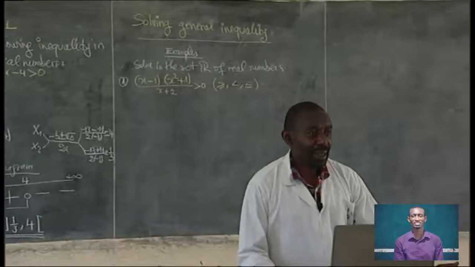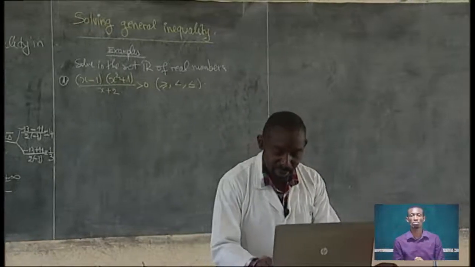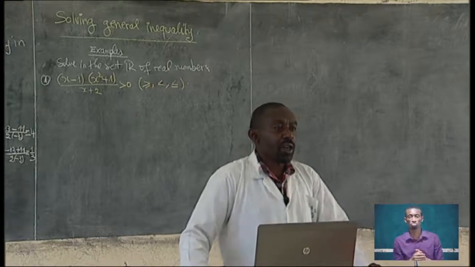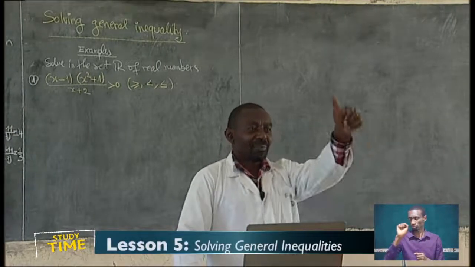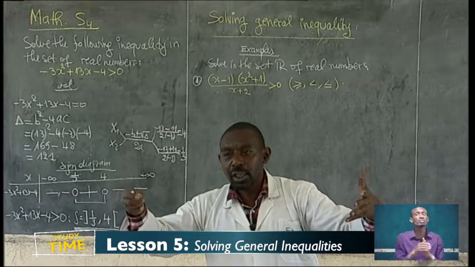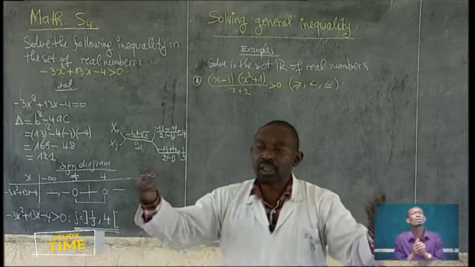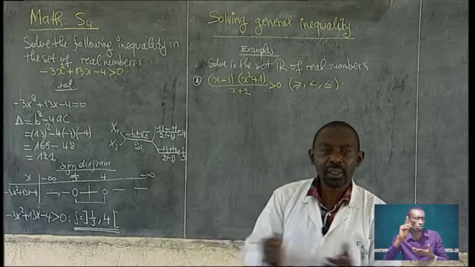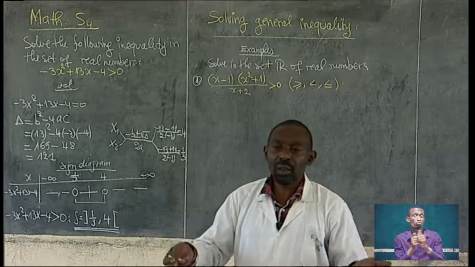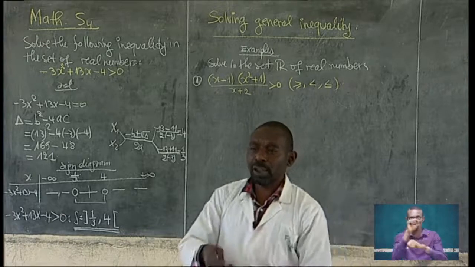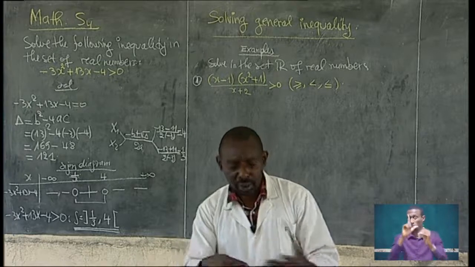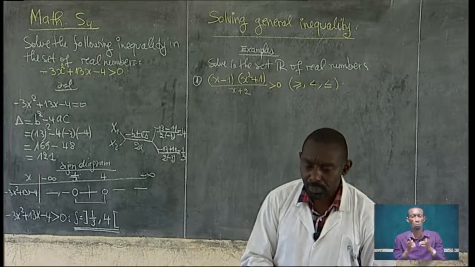Yes. Now, let us have a look at a general inequality. It means that this kind of inequality, you can have either the quadratic inequality, why not inequality of order greater than 1, even the product of linear expression and the quadratic expression, and so on.